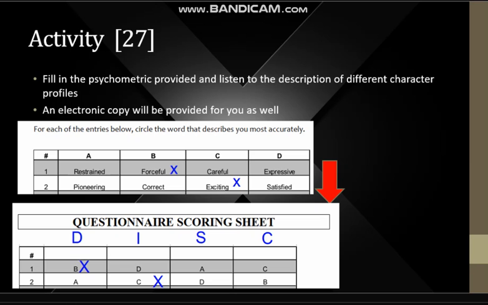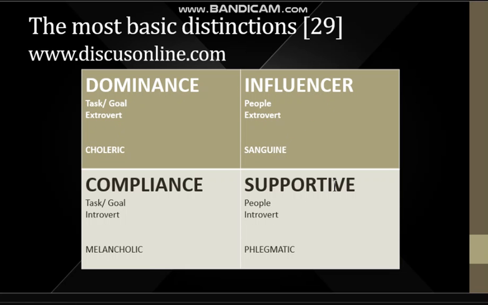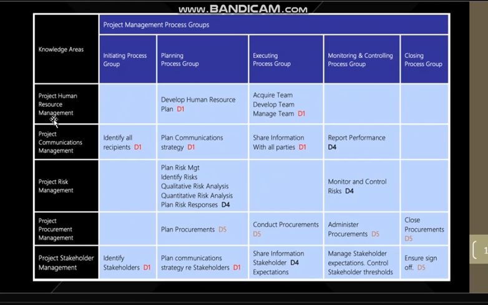And we are on the cusp now of discussing the different types. This is in respect of choosing your team and deciding on what your stakeholders are like, for example. And that would be involved in this part of the matrix, developing the human resource plan, acquiring the team, developing the team, etc. So much for the summary.